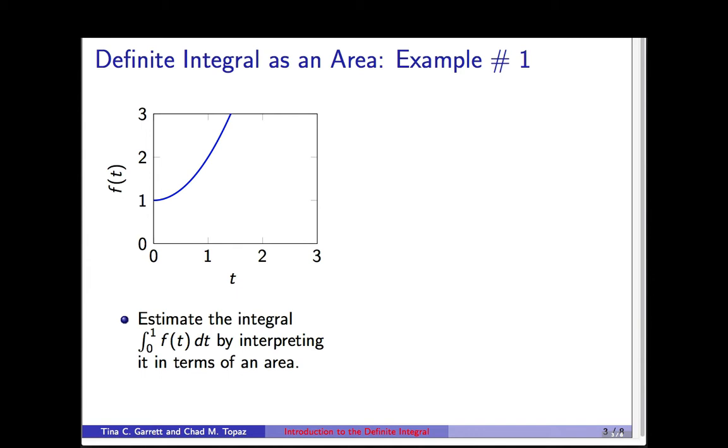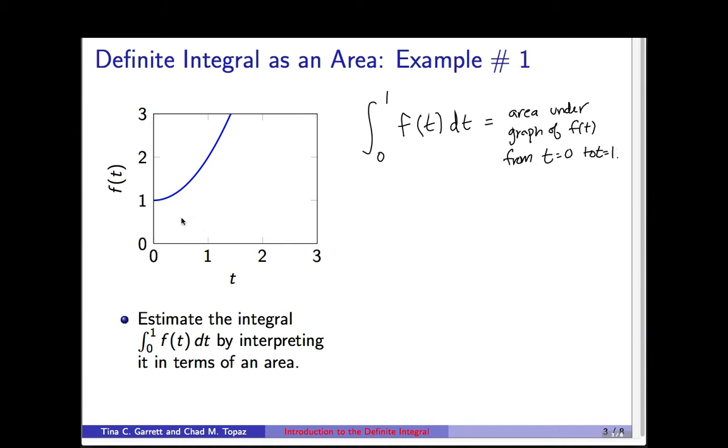So here's a graph of f of t, and I want you to estimate the integral from 0 to 1 of f of t dt by interpreting in terms of an area. So right away we say, okay, if we believe the definition, the integral from 0 to 1, and the definition had x's, but we're using t's here, of f of t dt, we can think about that like the area under the graph of f of t from t equals 0 to t equals 1.